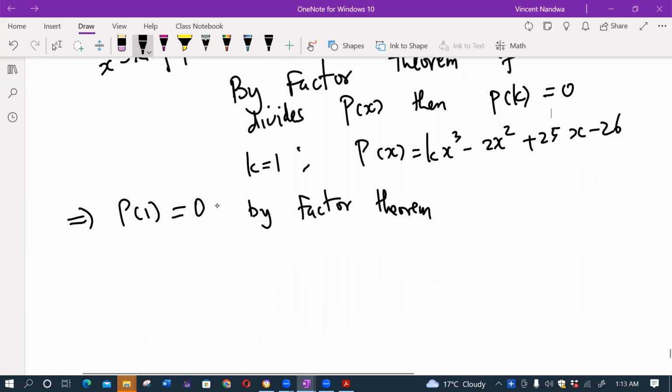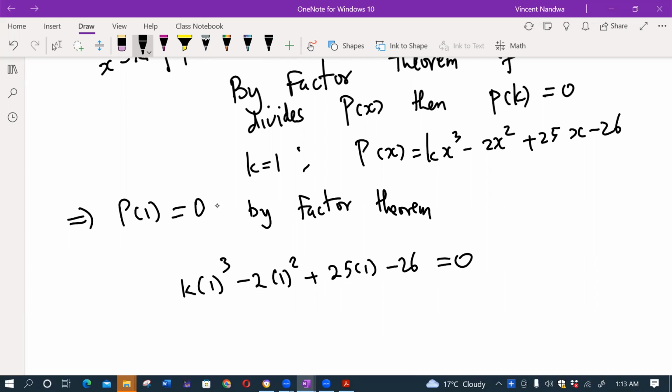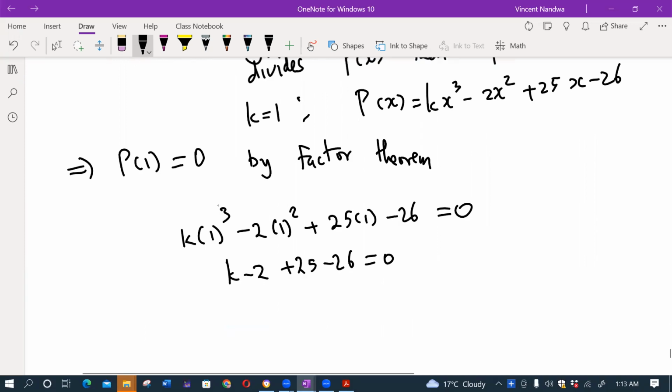So k times 1 power 3 minus 2 times 1 squared plus 25 times 1 minus 26 should give us 0. So k minus 2 plus 25 minus 26 equals to 0. So k minus 2 minus 26 is minus 28 plus 25 is minus 3 equals to 0. So this means k equals to 3.